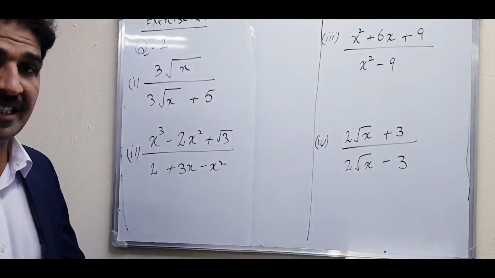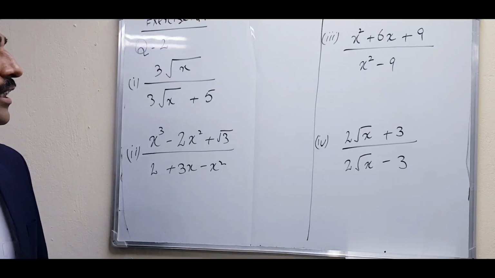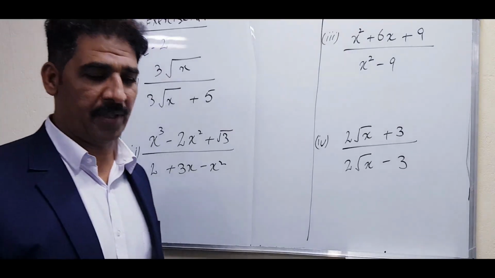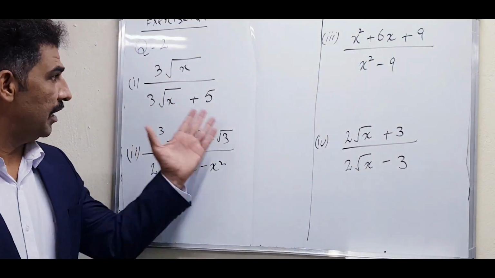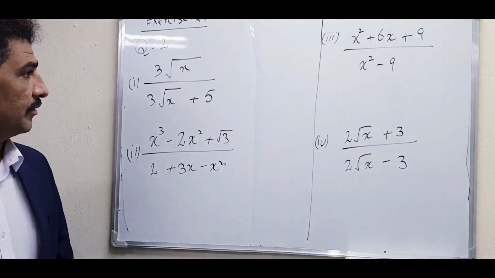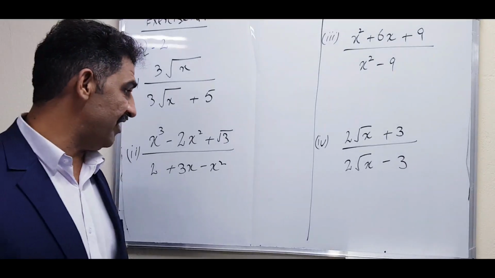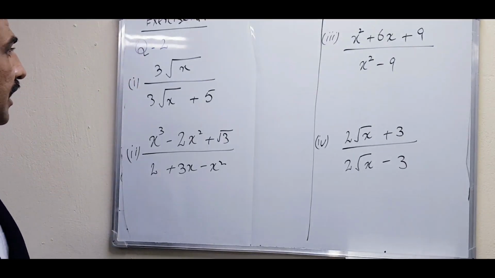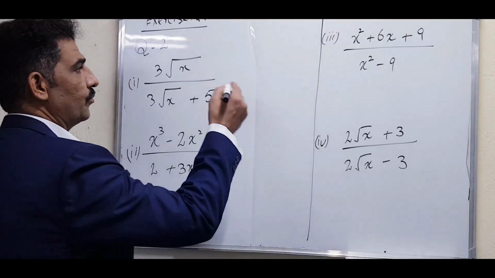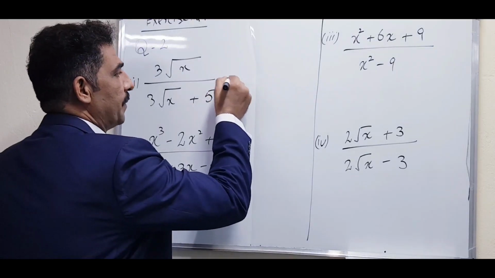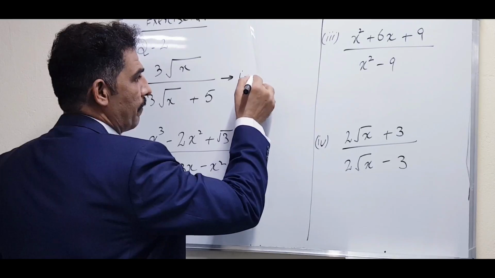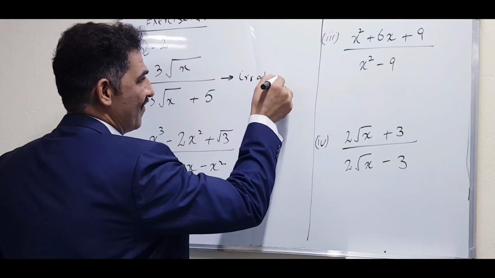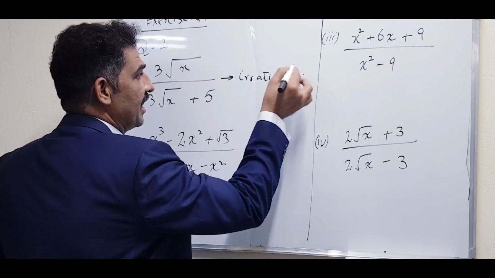All are expressions. Now, there are two types of expression: one is rational and the other is irrational, according to the statement of this question. So which is rational and which is irrational? The first one, which type of expression is it? This is irrational.